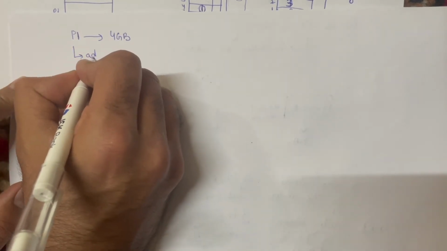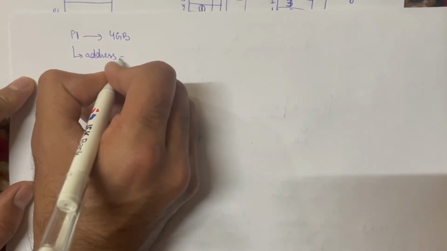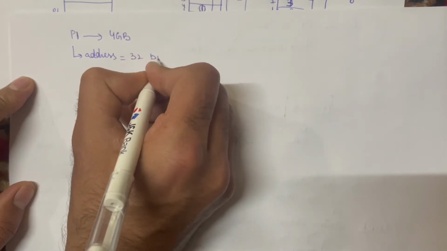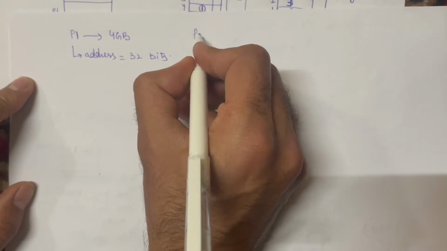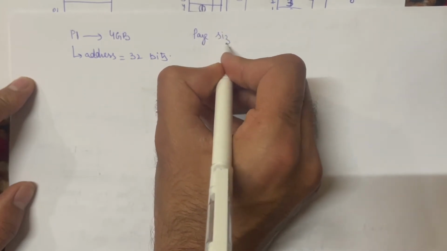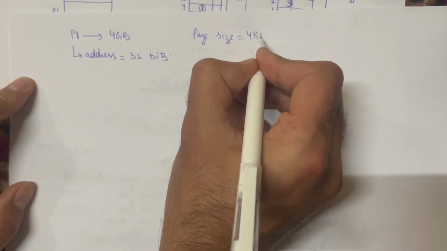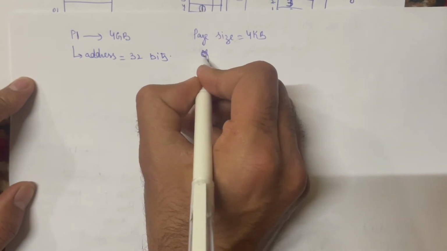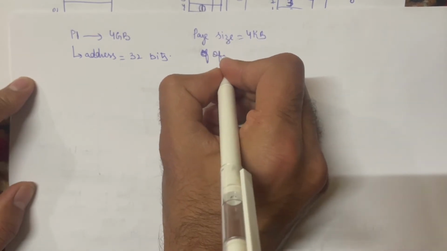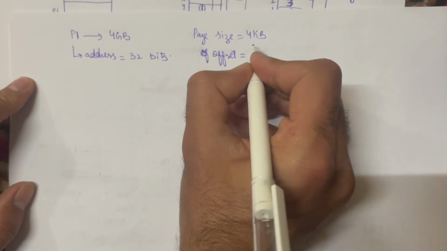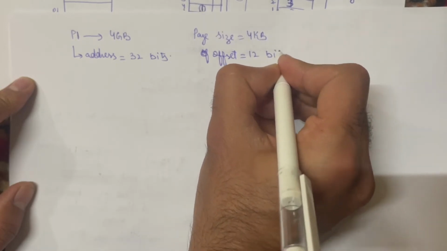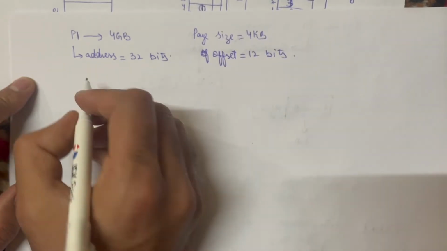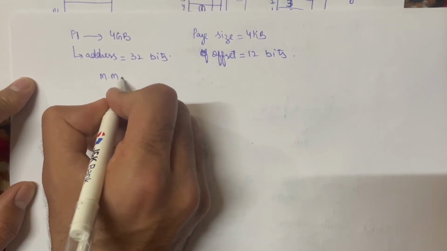That means the virtual addresses will be of 32 bits. Fine. Let's say the page size is 4 KB. So what will be the offset? Offset will be 12 bits. Okay. Let's say I have a main memory of size 2 GB.